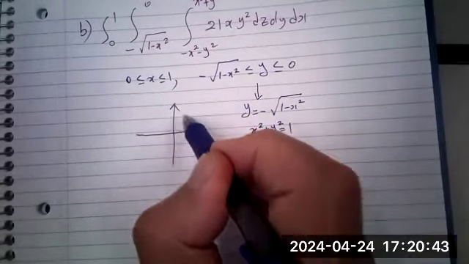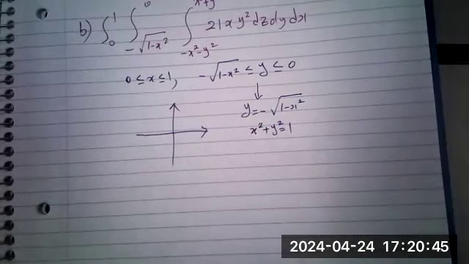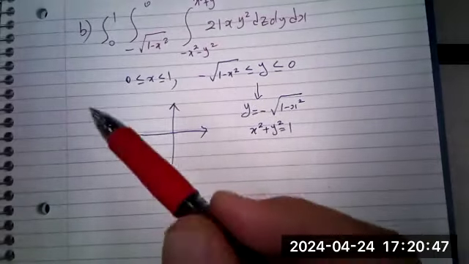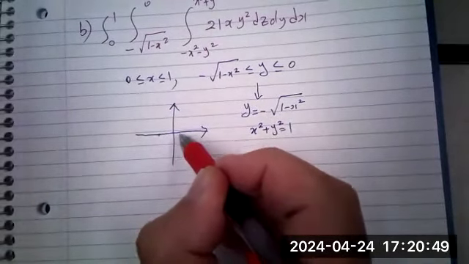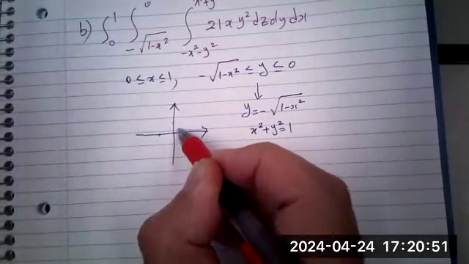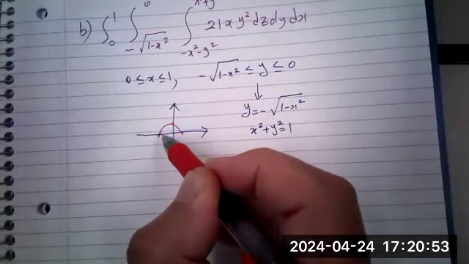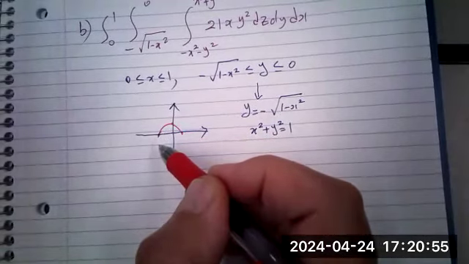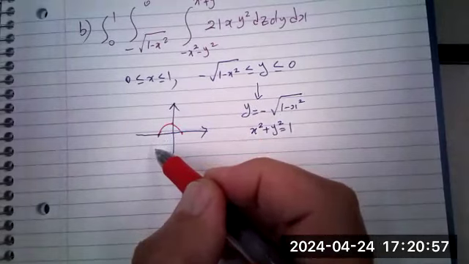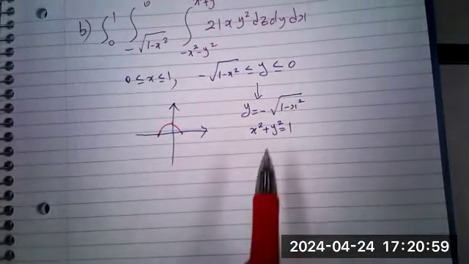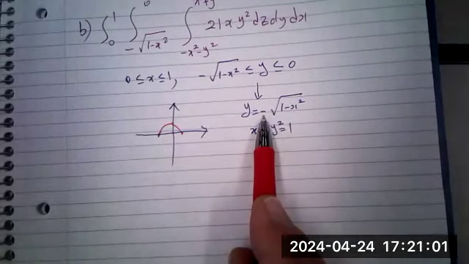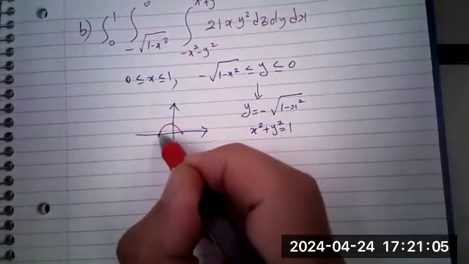So you have the unit circle, so the radius is 1. But this is the lower circle. You see negative here, so you have to go down and pick this one.